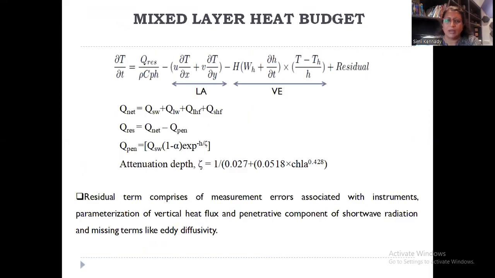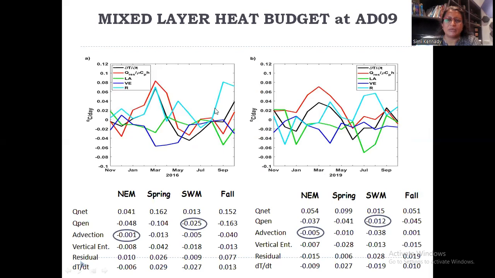And the mixed layer heat budget equation we used is this one, and we have the resultant heat flux and also the lateral advection, vertical entrainment, and the residual term. And then this is the mixed layer heat budget analysis based on AD09 data, and the first one is for 2016 and the second one is for 2019.